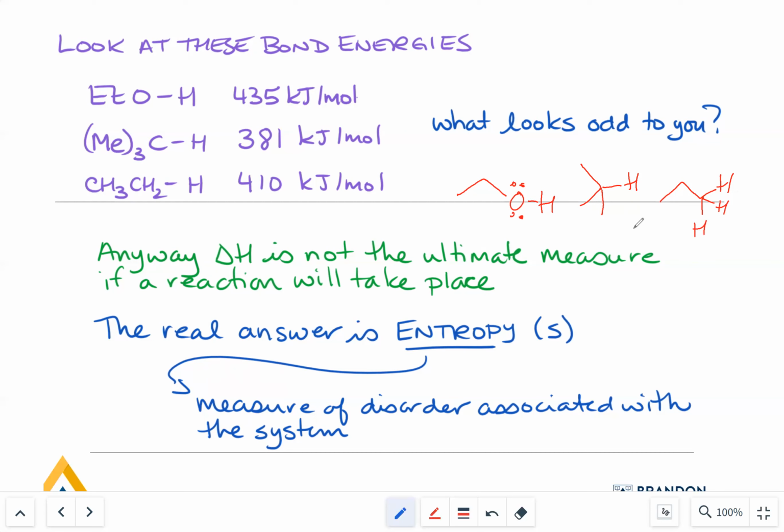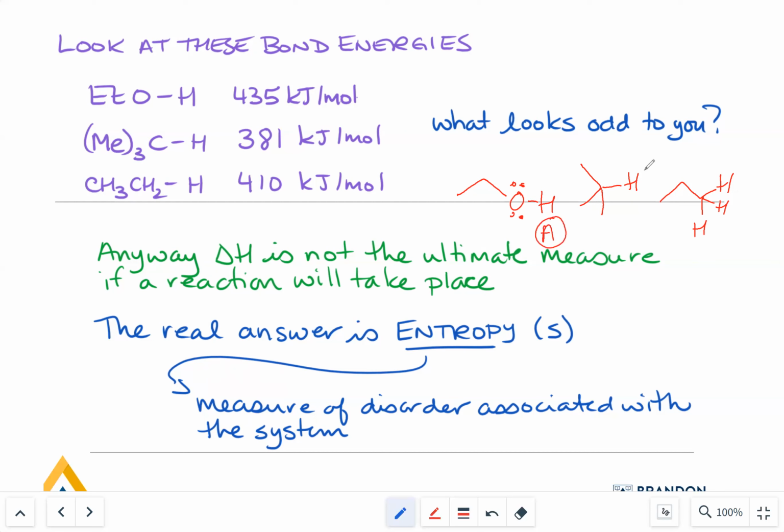If I was to say to you, which proton is the most acidic, you would say, which proton is the most acidic?